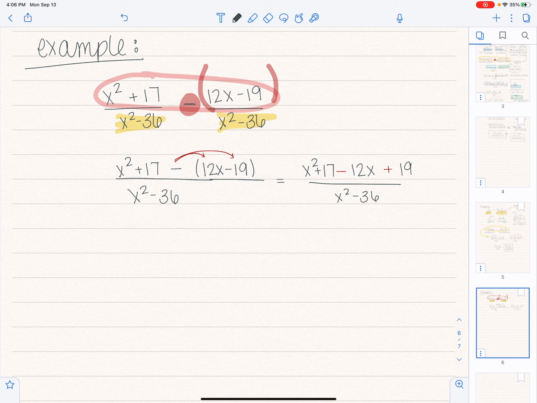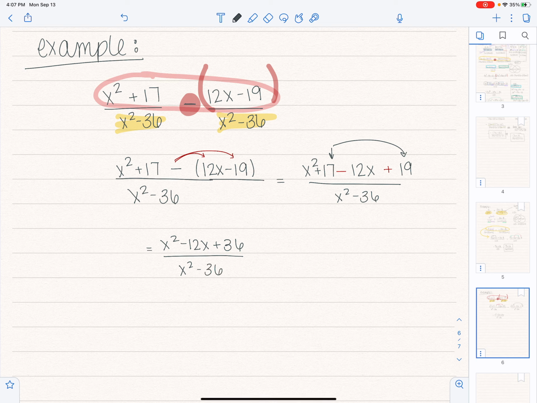All right, I'm going to look for some like terms. Well, 17 and 19, I can combine those, which gives me a total of 36. And so I'll have x squared minus 12x plus 36 all over x squared minus 36.